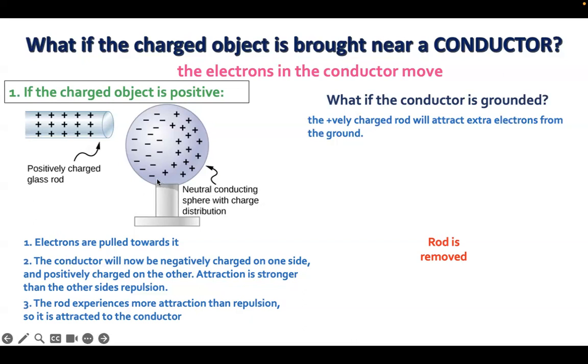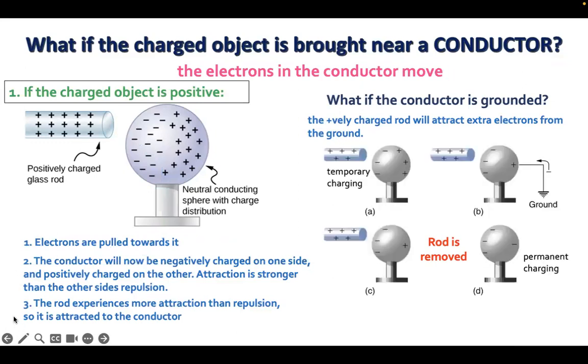If I have an earth wire connected to the earth and the earth has a lot of negative and positive charges, only negative will be able to travel all the way through the earth wire and to the sphere so they can get attracted to that greedy positively charged glass rod. So the positively charged glass rod would just attract negative charges from the ground.